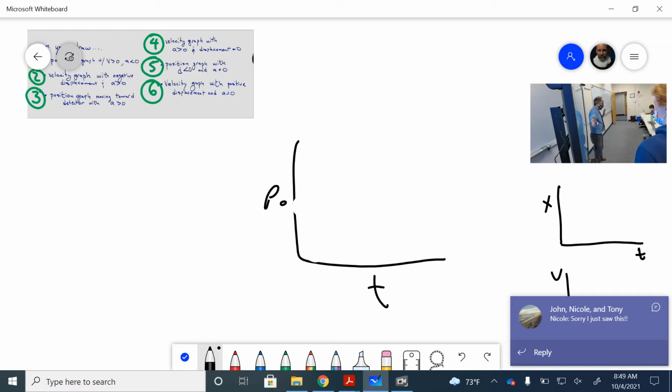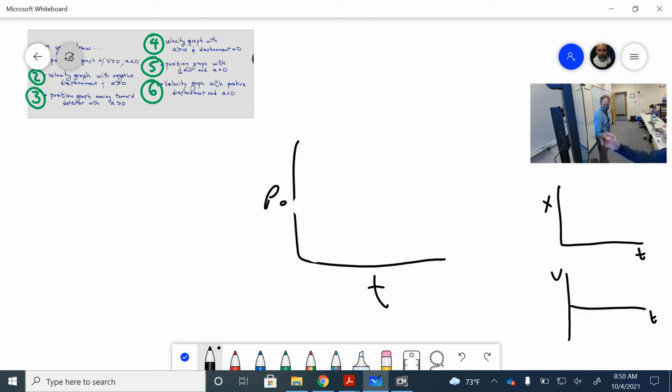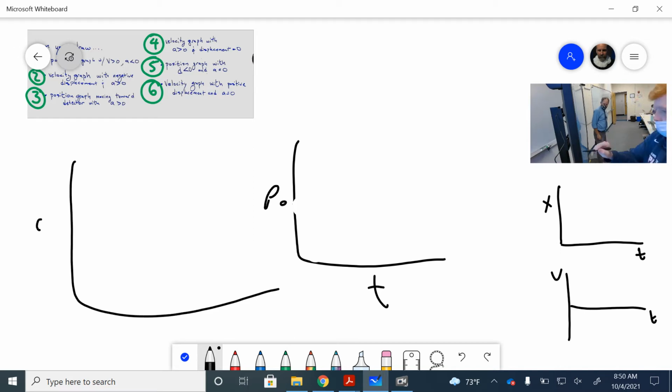Until you get to that place, I'm going to make a suggestion that over on the side, before you make this drawing, make a velocity graph. What's a velocity graph with positive velocity and negative acceleration? Can you just draw that on the side? Positive velocity, negative acceleration.